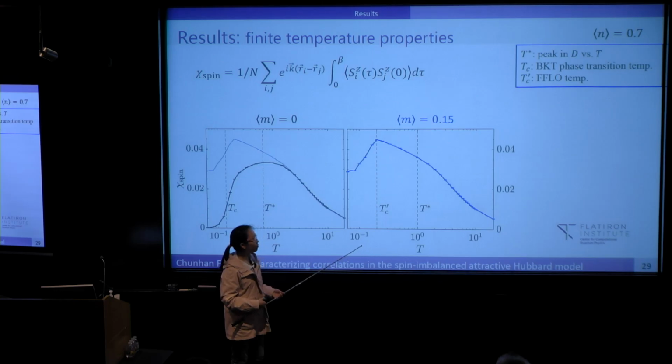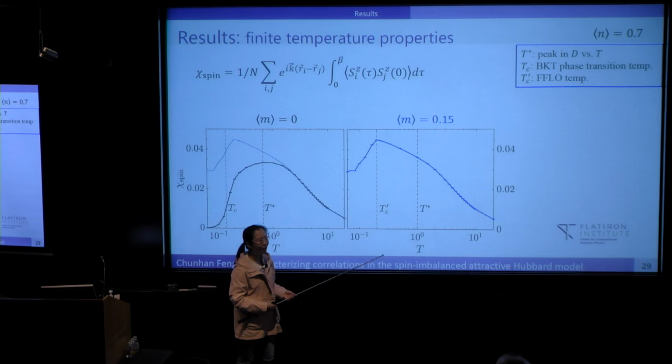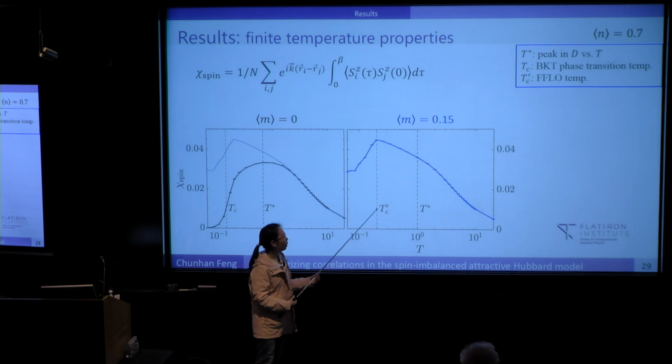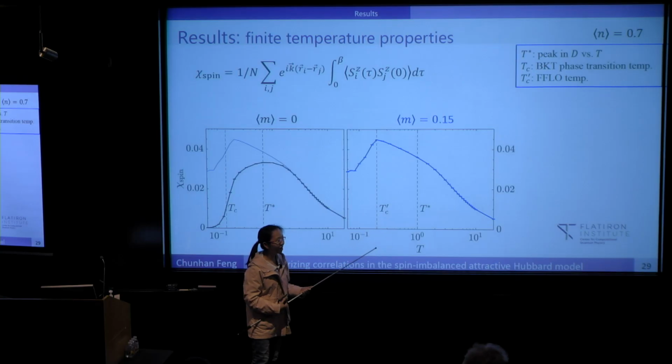And also, as we have already seen from the previous slides, the peak position of the pairing structure factor shifts a little bit when we lower the temperature. So it's probably not easy to tell which structure factor at which K point we should look at and how to do the scaling, etc. So yeah, I think that's a question for the future.